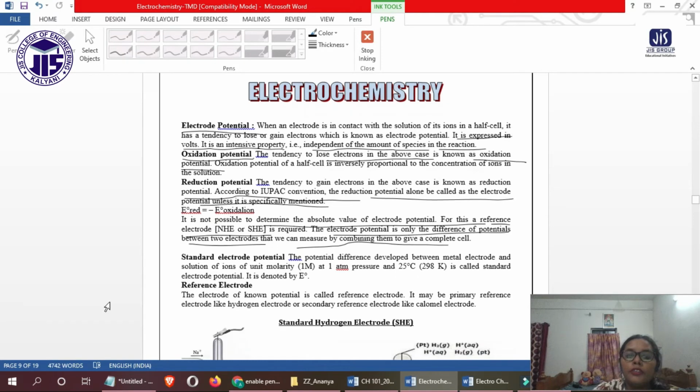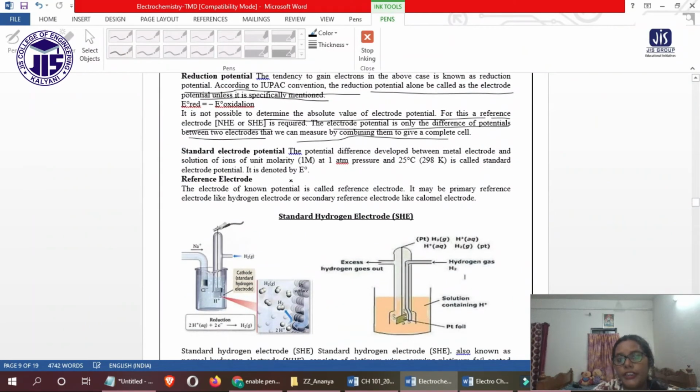Okay, now standard electrode potential: the potential difference developed between the metal electrode and the solution of its ions in 1 molar solution, at 1 atmospheric pressure, and 298 Kelvin temperature, is called the standard electrode potential.